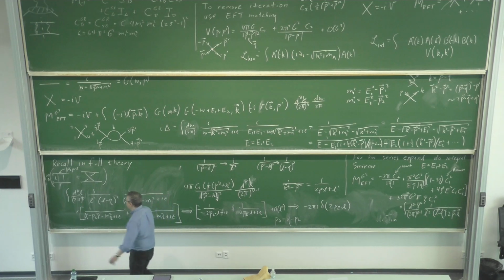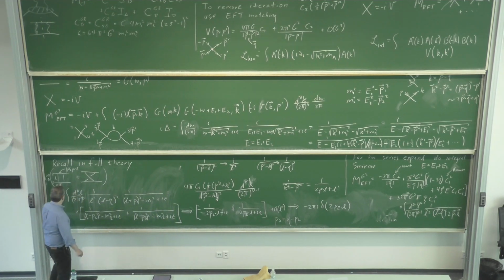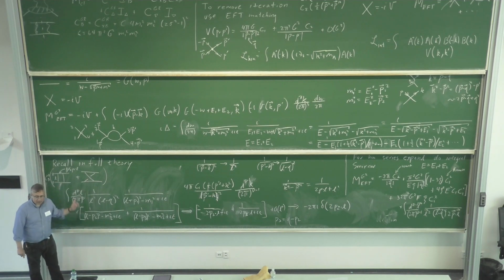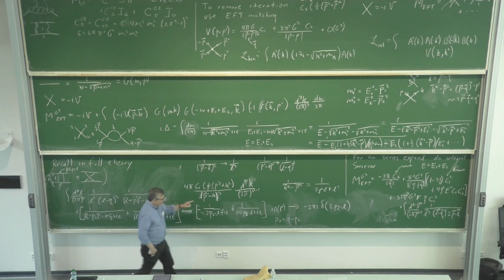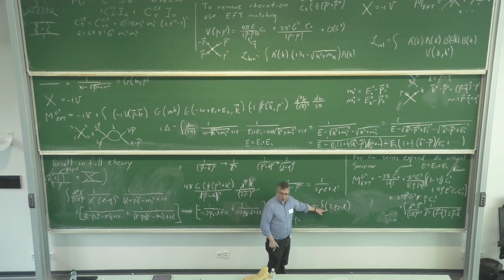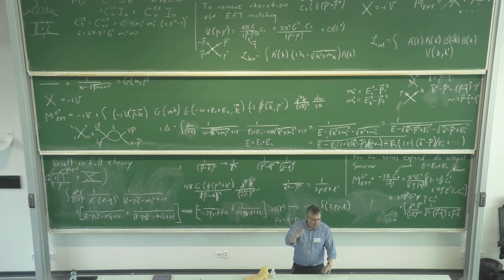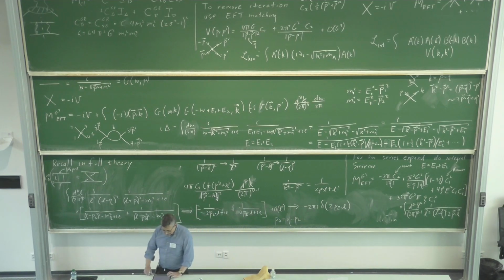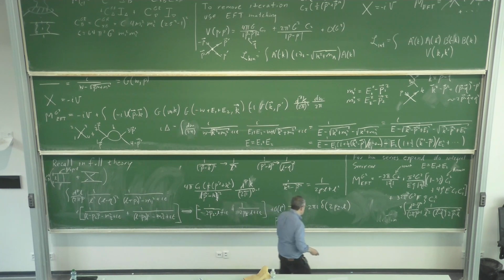And that localization is exactly because of the right combination of propagators that appear, such that we extract a delta function that forces the energy to satisfy a classical on-shell condition. No Heisenberg uncertainty principle. Okay, now I see I'm running out of time, but there's a delta function, this thing.